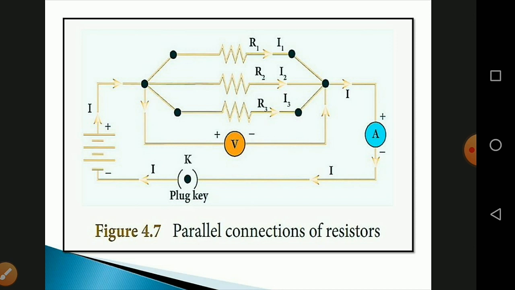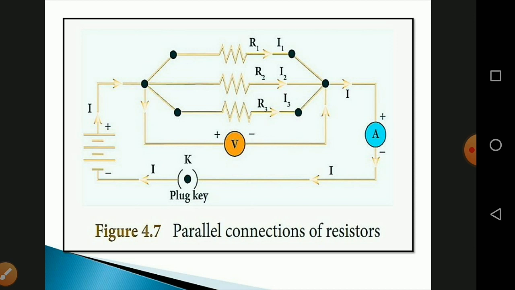The current I arriving at A divides into three branches, I1, I2 and I3, passing through R1, R2 and R3 respectively.